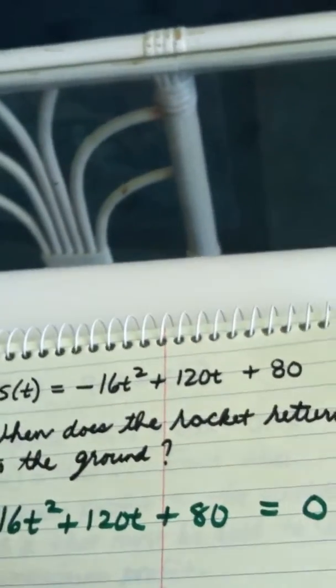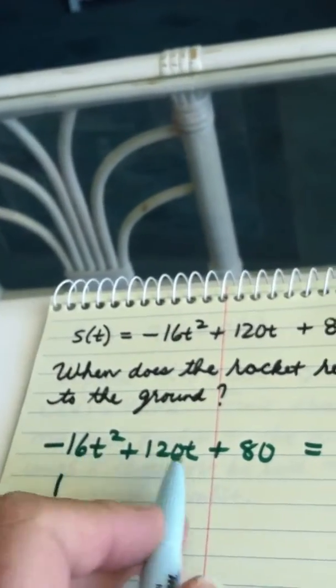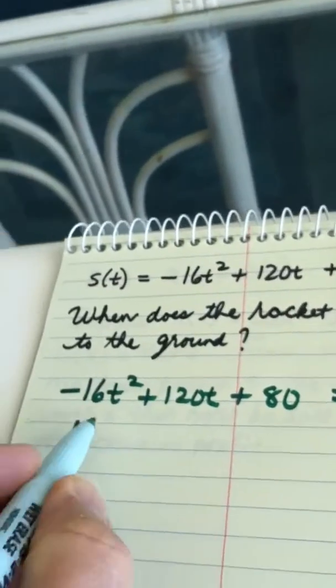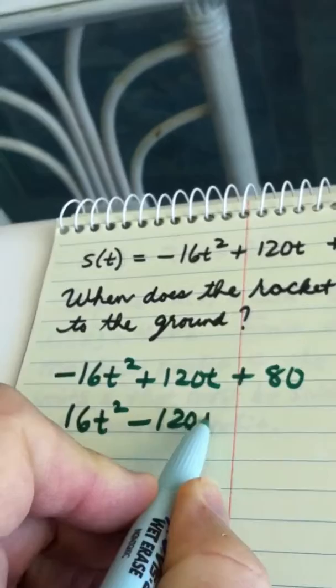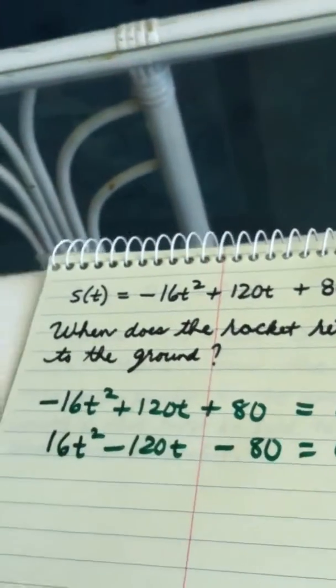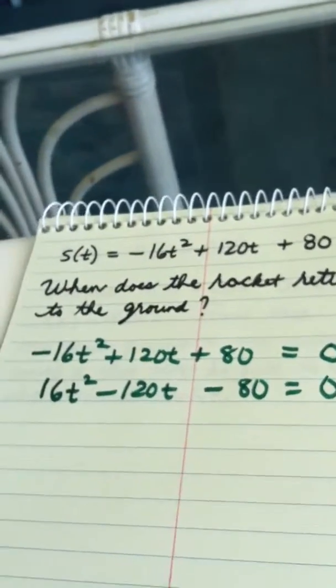Now the first thing I'm going to do, I teach my students standard form should start with a positive number. So we're going to first multiply through by negative 1. That's going to give me 16t squared minus 120t minus 80 is equal to 0. And the next thing I try to teach you in class is look for numbers that make this simpler.